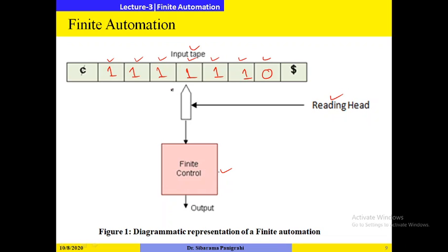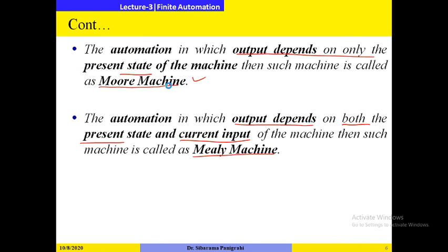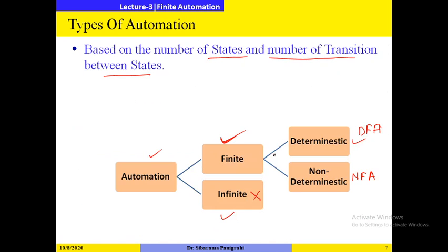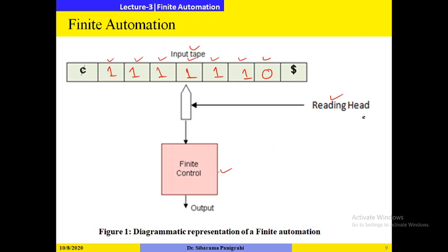Then what we have done, I will just go through that. Here you see, first we started from the initial state. Then we read one symbol. This symbol should be placed in the input tape. First we read one symbol, and this read operation is performed by the reading head. The reading head reads the first symbol.